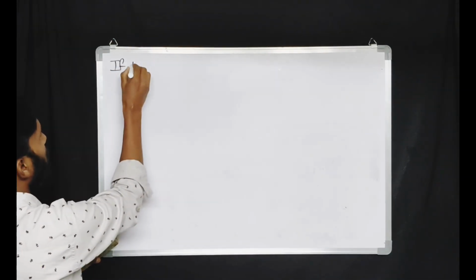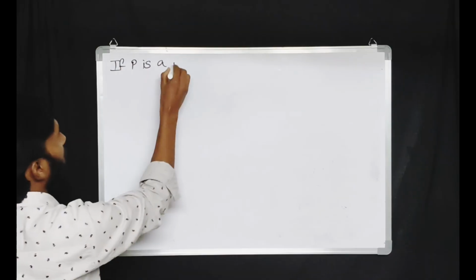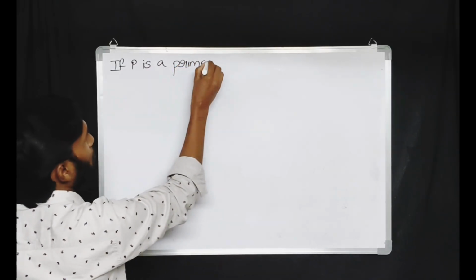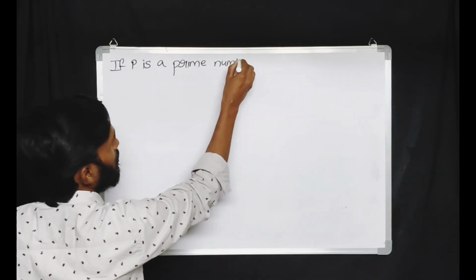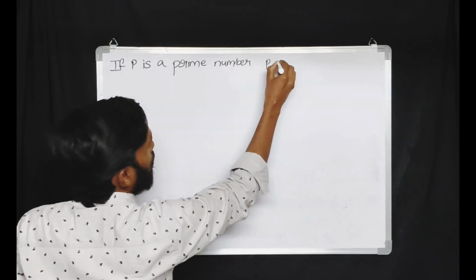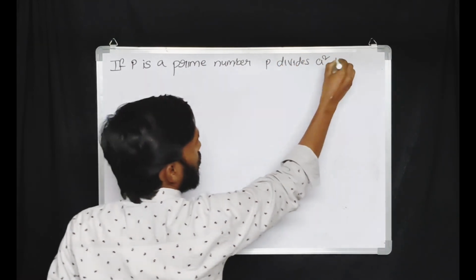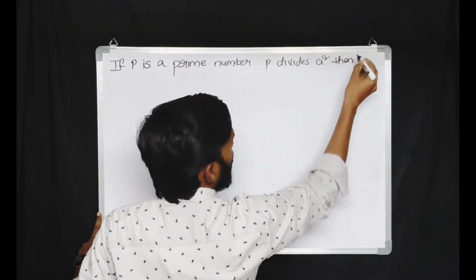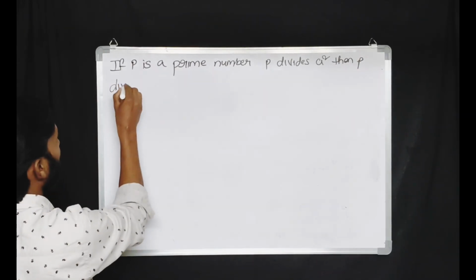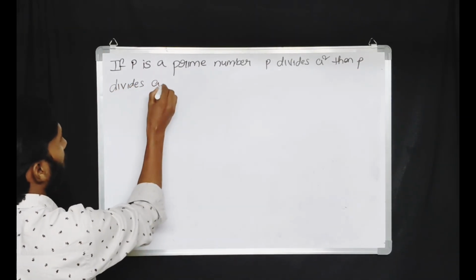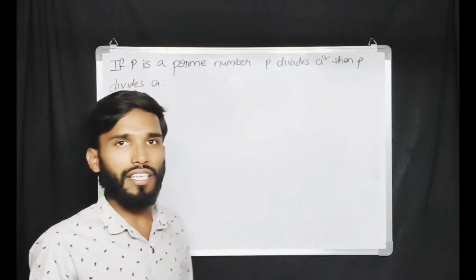If P is a prime number, P divides A square, then P divides A. This is the theorem.